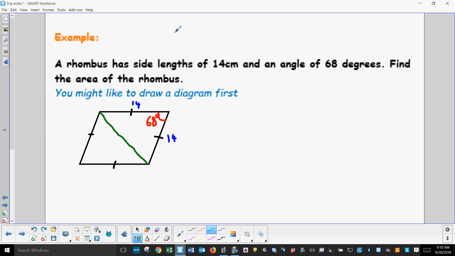I could very easily work out the area of one triangle and forget to double it. So you could make a note to yourself, double the area at the end, or you could do 2 times and then a big bracket if that helps. A half.